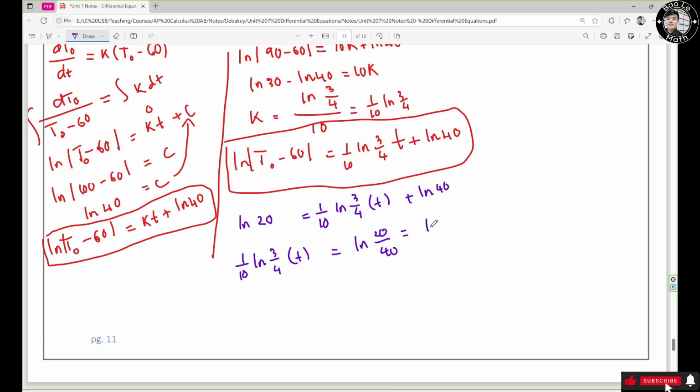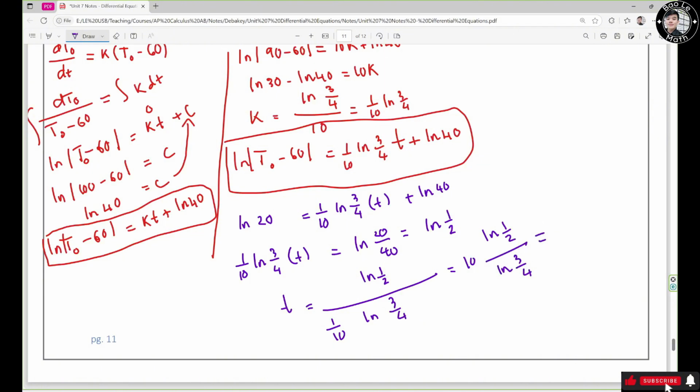So it could be natural log 1/2. So then t equals natural log 1/2 divided by 1 over 10 times natural log 3 over 4. So this guy turns out to be 10 times natural log 1/2 divided by natural log 3 over 4.